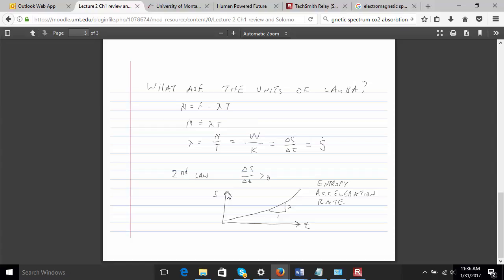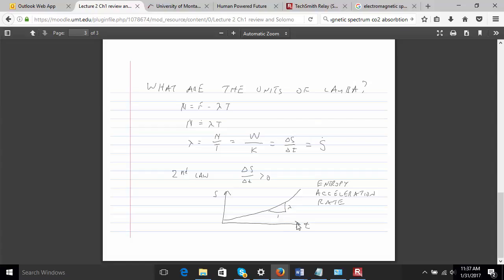What the second law does not tell us is what the slope of that curve is. The second law just says it's going to go up. It's been going up since forever, and it's going to keep going up forever. You can cheat the second law a little bit by putting energy in, but on average, that slope is always going to be positive.